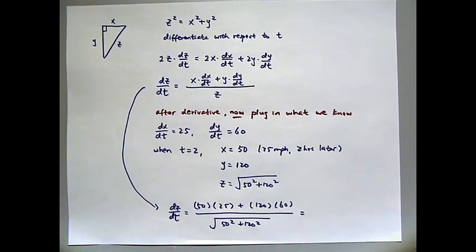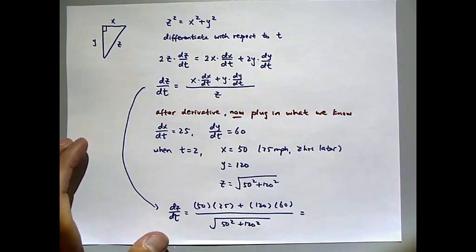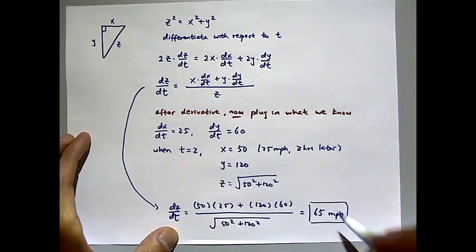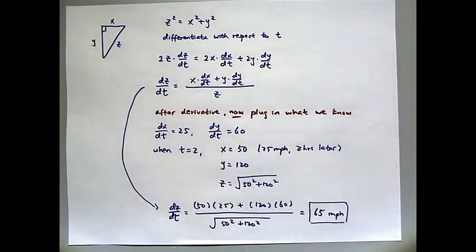Putting this into a calculator and rounding, it turns out to be around 65. So that's how fast the distance between the two cars is increasing, 65 miles per hour, at the particular moment.